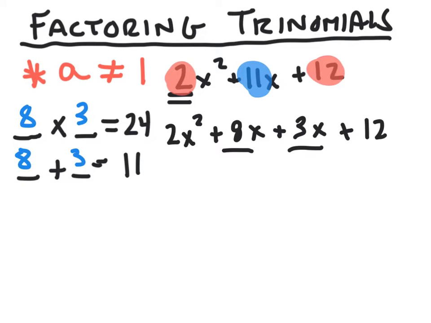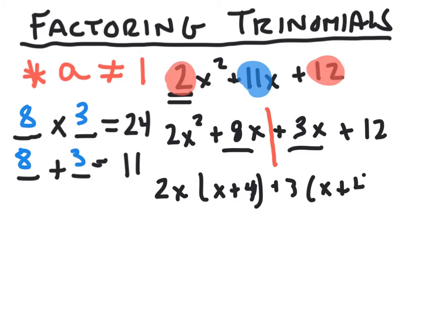The next thing I'm going to do is kind of divide my expression in half and factor each half individually. I'm going to pull out 2x, and I'm left with x plus 4. Over on the other side, I am going to pull out, looks like a 3, and I'm left with x plus 4.